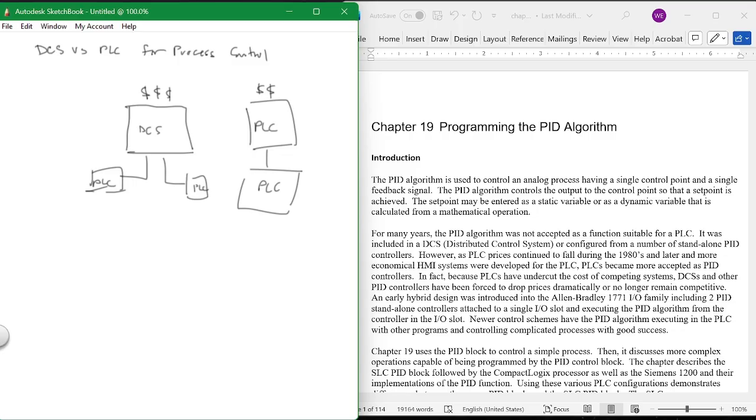But if you're going out and competitively bidding, these guys usually win. But on the other hand, sometimes you get what you pay for, and sometimes these guys don't do the job as well because the person that's doing the programming doesn't know how to program the system, and they fall into some of the traps that are possible with a PLC system.